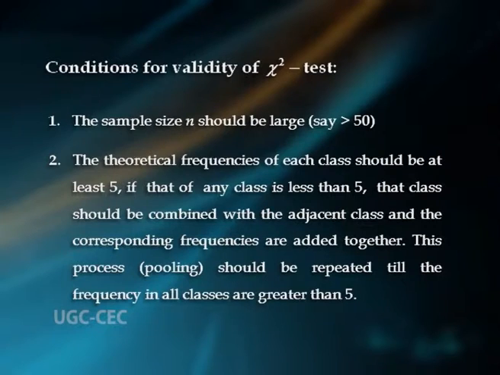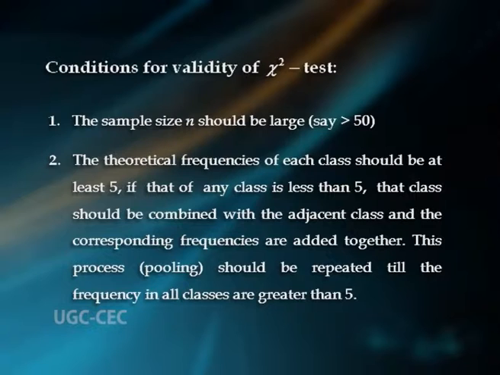Conditions for validity of chi square test. 1. The sample size n should be large, say greater than 50. 2. The theoretical frequencies of each class should be at least 5. If that of any class is less than 5, that class should be combined with the adjacent class and the corresponding frequencies are added together.